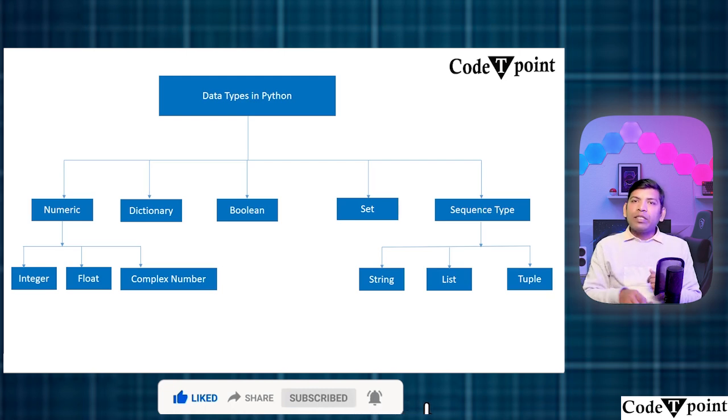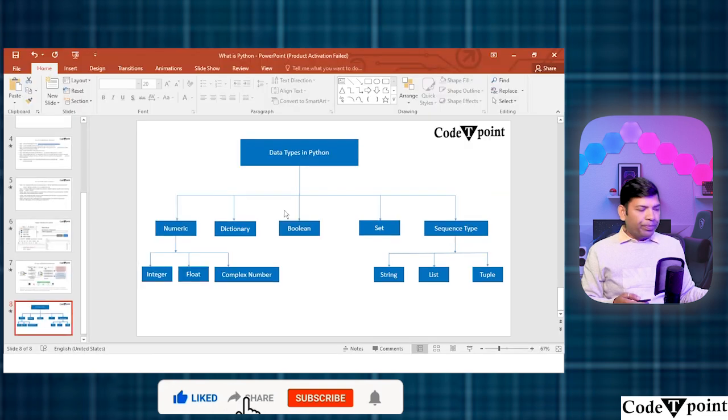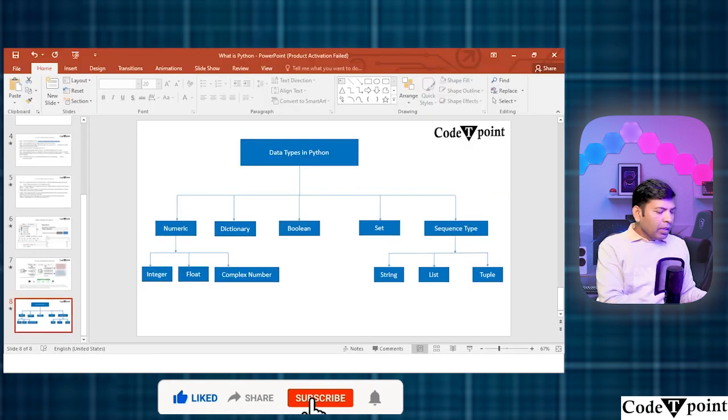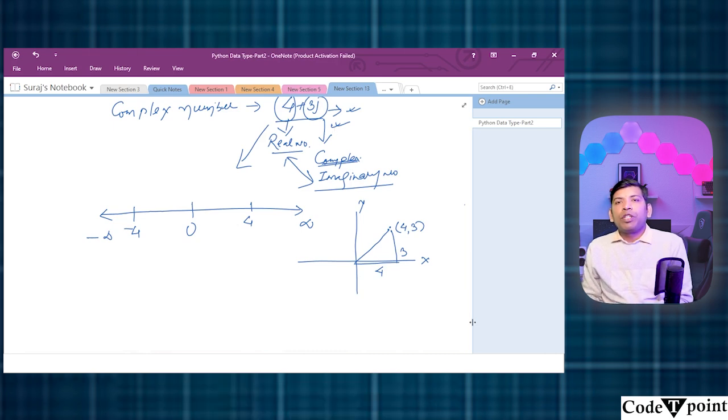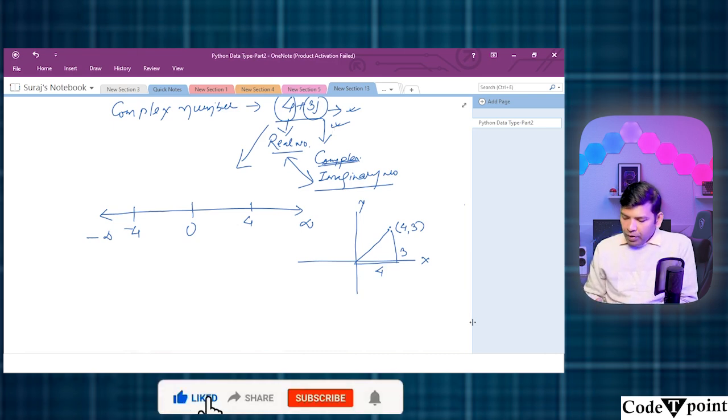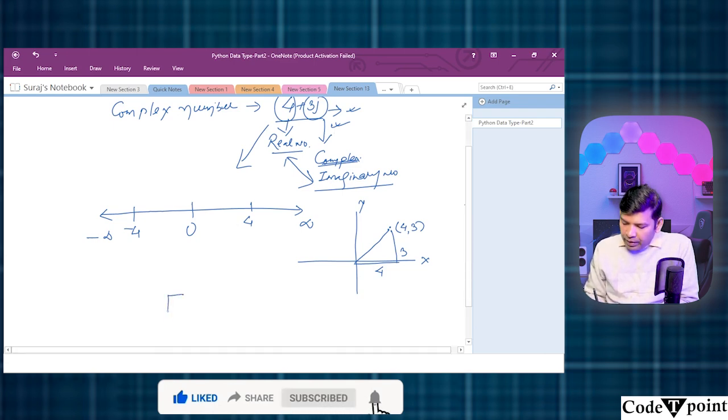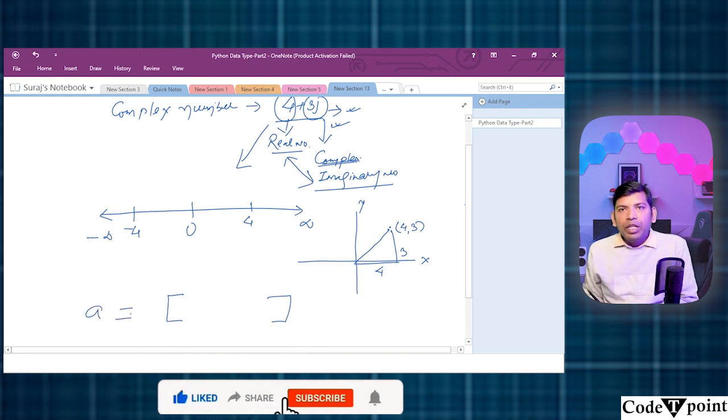I'm going to discuss this first, and then we will write the code. So I'm just trying to explain what a list is. Since a list is represented in Python in the form of square brackets, if you create a variable a with square brackets, in Python it will be considered a list.